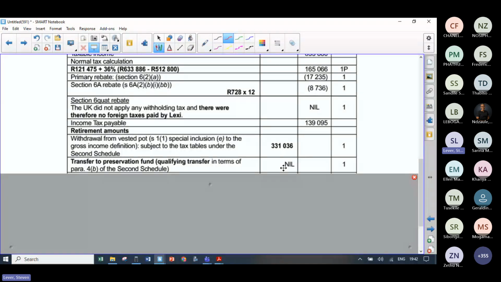Because when you transfer from one component to another, it's tax-free. So can you see it says transfer to the preservation fund, no tax effect. Again, there's another mark there for a null. Okay, and then there's another null for 6 quad rebate, which we'll do just now. So like almost half the marks of this question are for putting nulls into the solution.